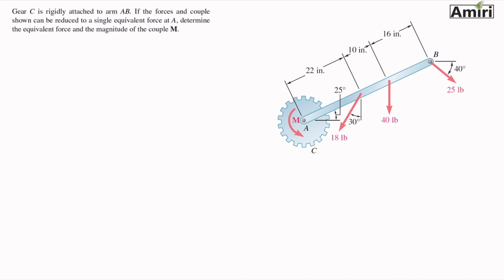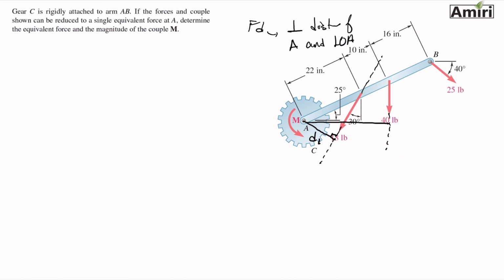I'm going to take a little bit of a different approach here, because that D should be the perpendicular distance between A and the line of action of each force. For example, for this force, this is its line of action, and you have to find this distance. This is your D1. For this force here, you have to find this distance. That's your D2, the perpendicular distance.